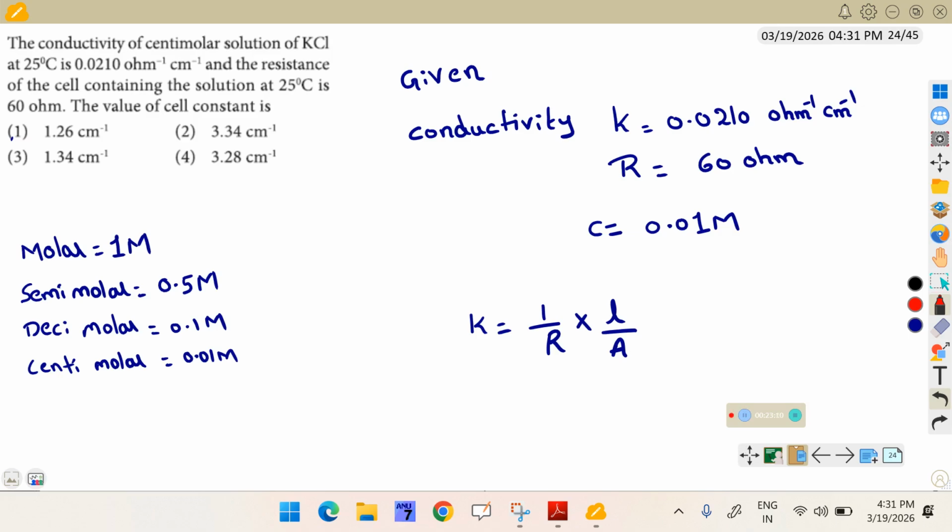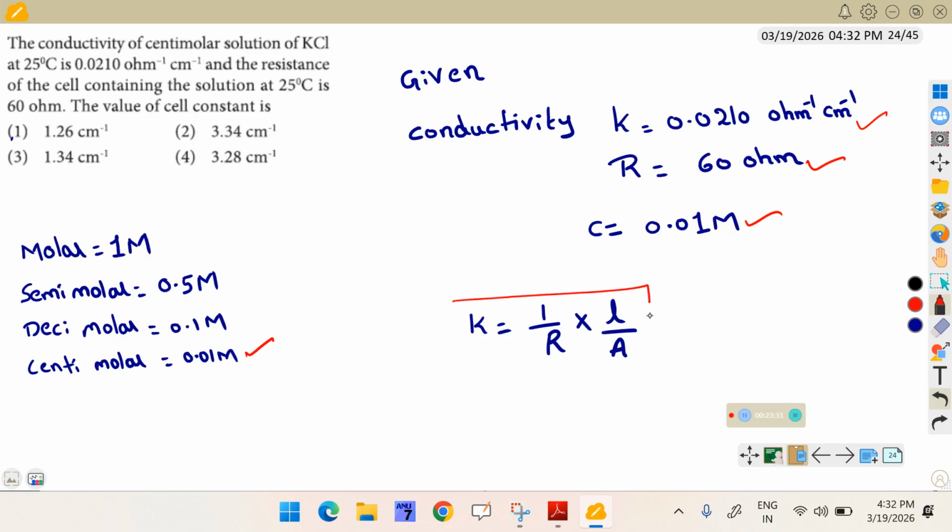The conductivity of centimolar, that is 0.01 molar, solution of KCl at 25 degrees Celsius is 0.0210 ohm inverse centimeter inverse. So the K value is given, and the resistance value is given as 60 ohms. Calculate the cell constant.